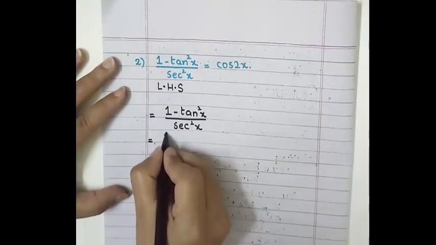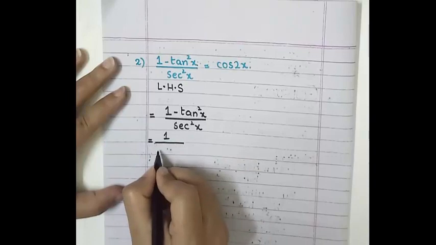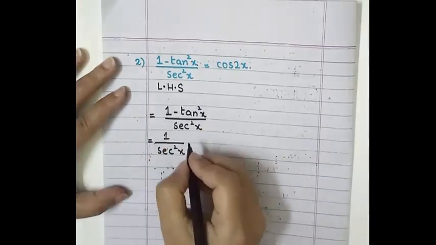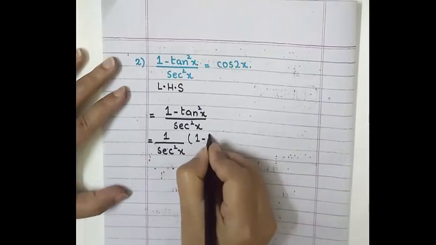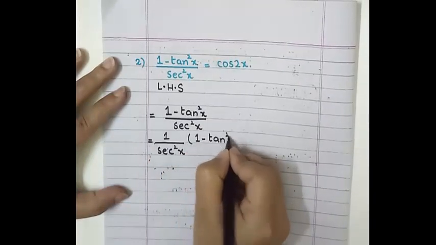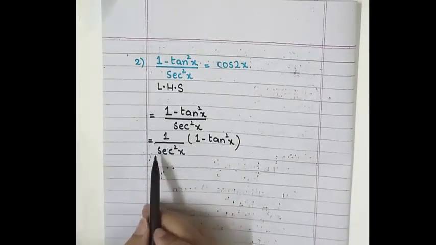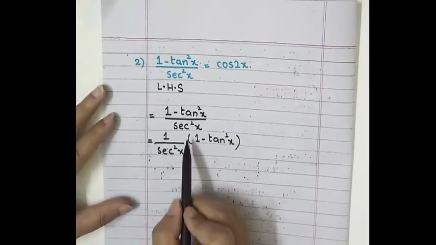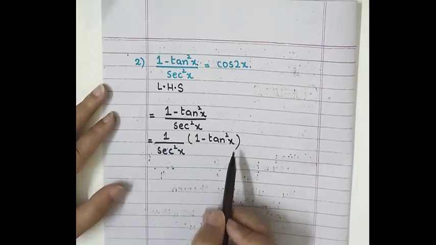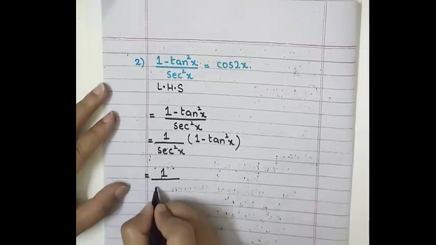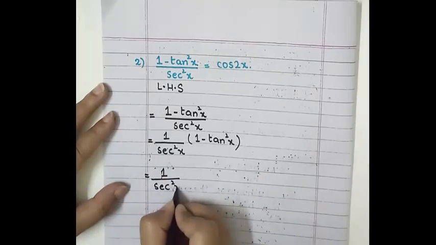Now we can write 1 over secant square x separately and 1 minus tan square x. We have taken the denominator as a separate term and written the rest of the terms as they are. Now this is 1 over secant square x.